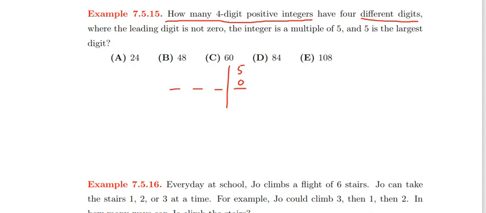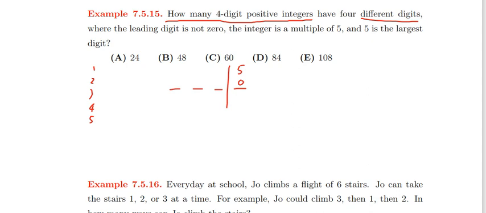The leading one cannot be 0, so it can be 1, 2, 3, 4, 5. But here we have a question: can we put 5 in the first position?